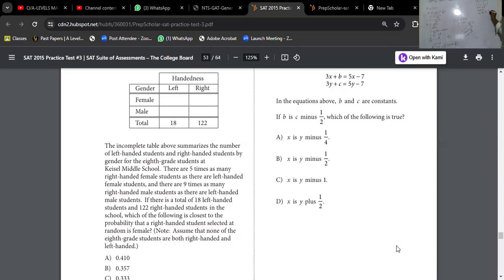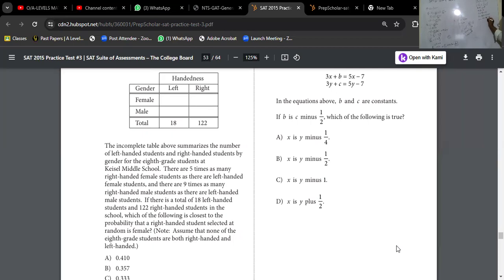So you can substitute it here: 5X plus 9 times (18 minus X) is equal to 122.